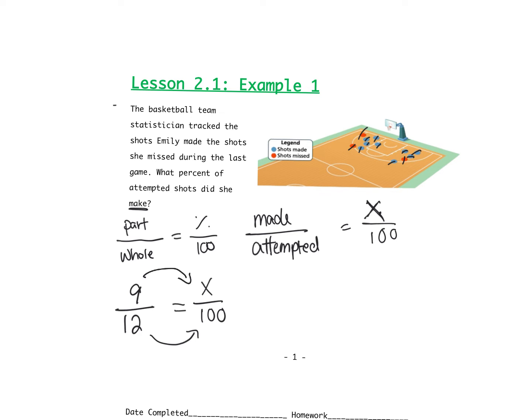And you'll get 8.3 repeating. Again, not a pretty number. There's a better way to do this, and I'm going to show you afterwards in another color. So you're going to multiply 12 by 8.3 repeating to get 100. You'll do the same thing up here, multiply 9 by 8.3 repeating, and you should get X equaling 75.